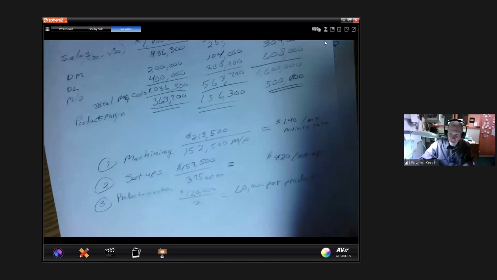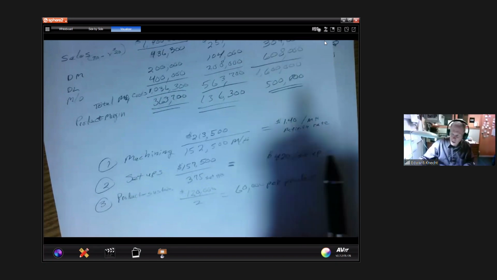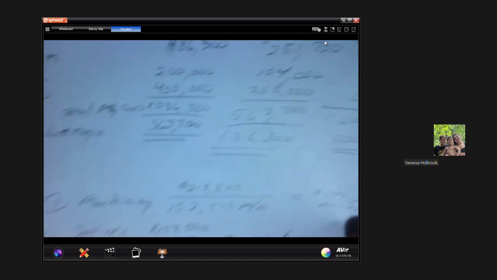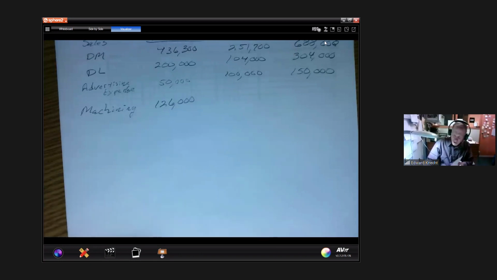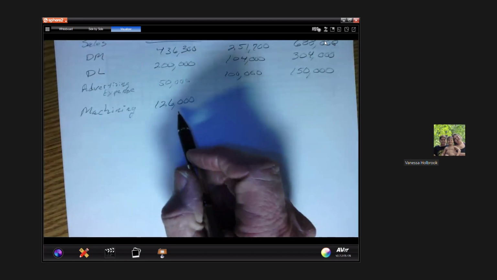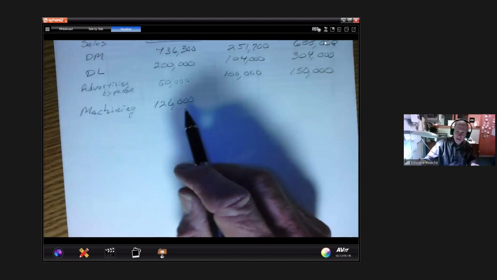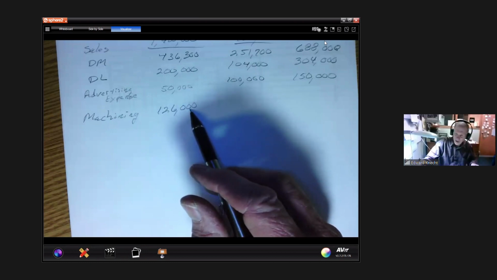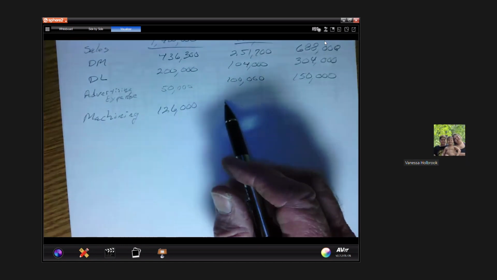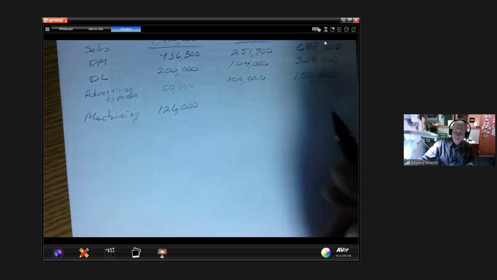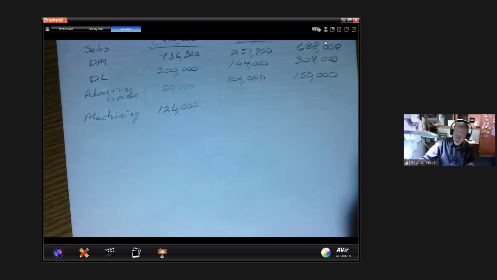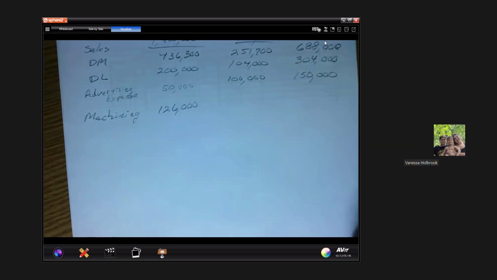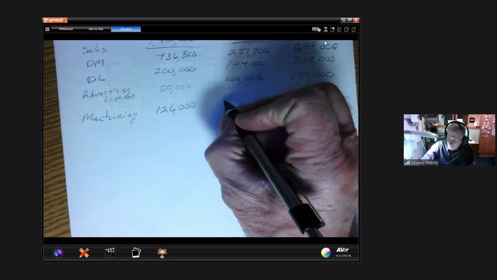It's 62,500 hours times $1.40, which gives you 87,500.